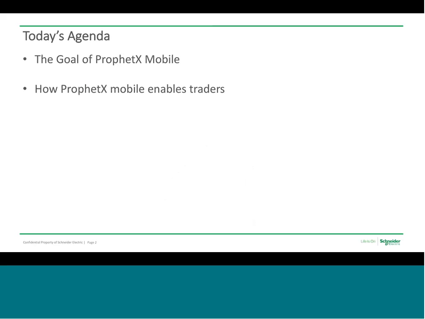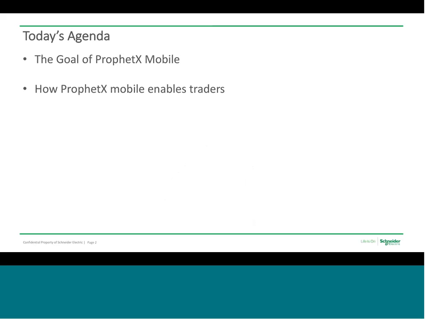So in today's agenda, we do have a 30-minute window here, but we want to leave some time at the end for some questions. But I'll briefly go over what the goal of ProfitX Mobile is and what we're trying to achieve with it, with our customers and our valued users. We'll talk about how ProfitX Mobile enables traders, and I'll go through the app itself.